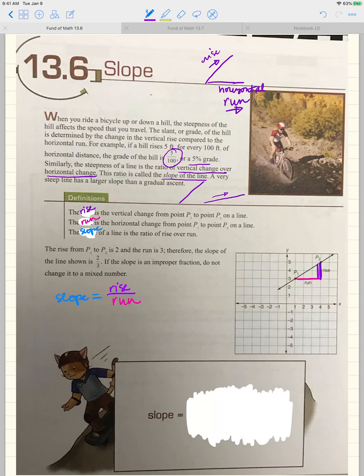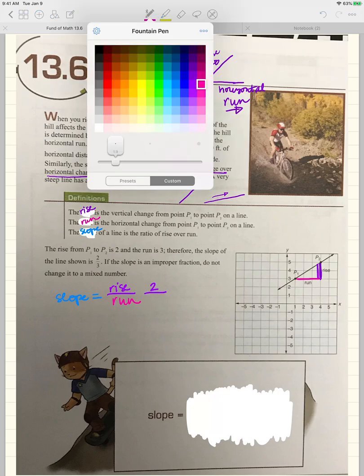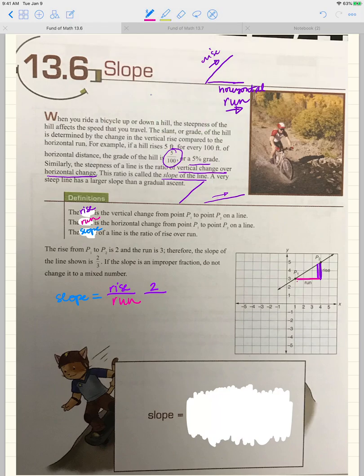Okay? So the rise is 2, and the run, how many units does it go horizontally? 1, 2, 3. The run is 3 units. Therefore, the slope of the line shown here is 2 over 3, okay? So the slope of this line right here is 2 over 3.